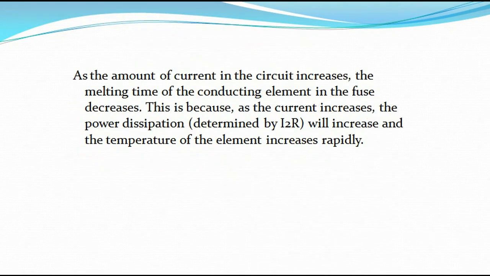Now, as the amount of current in the circuit increases, the melting point of the conducting element in the fuse decreases. What do you understand by that? It means as the current increases, the melting point of the conducting element in that fuse, which is the wire, decreases.